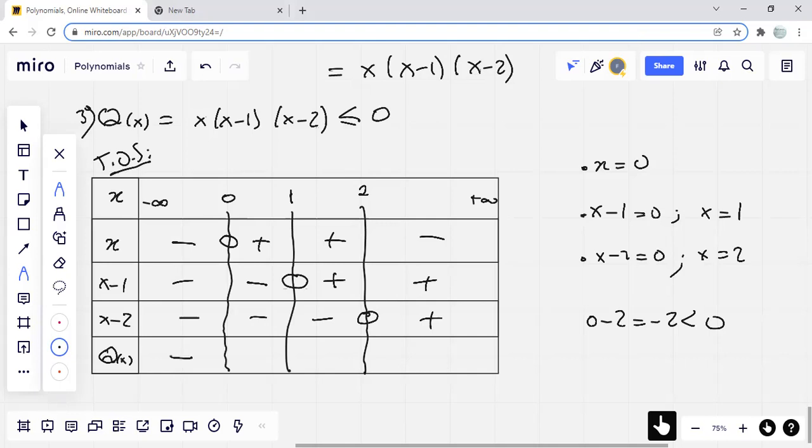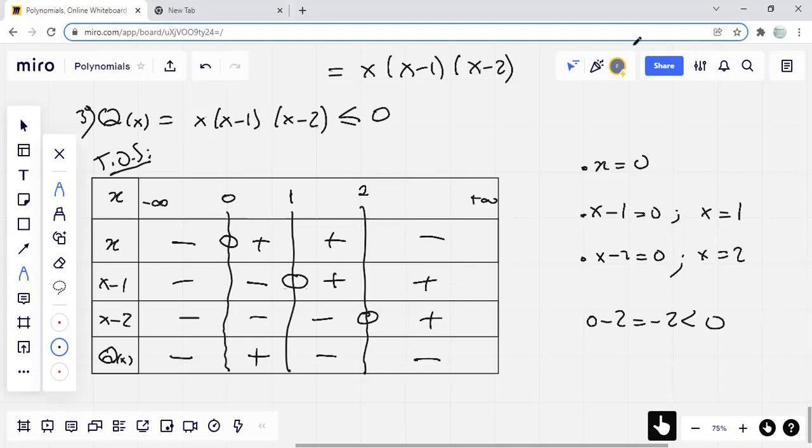Here, plus times minus is minus. Minus times minus is plus, so we'll have a plus here. Plus times plus is plus, times minus, we'll get a minus. A negative times a positive stays a negative.